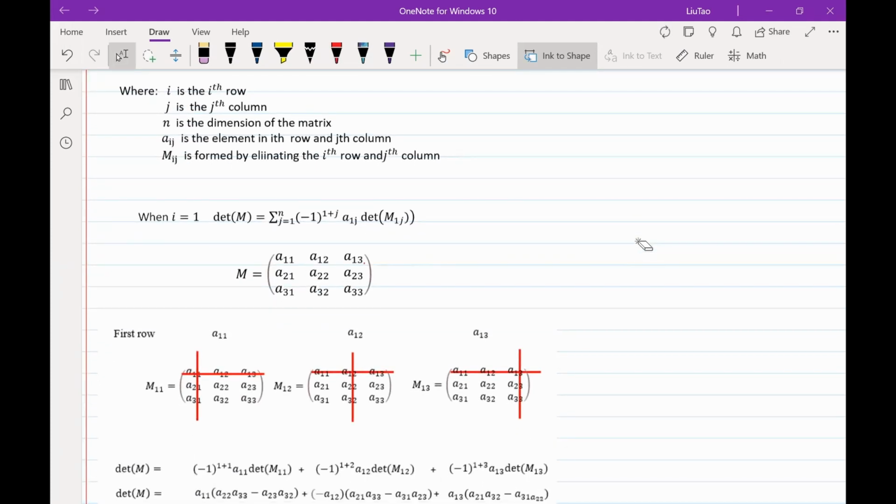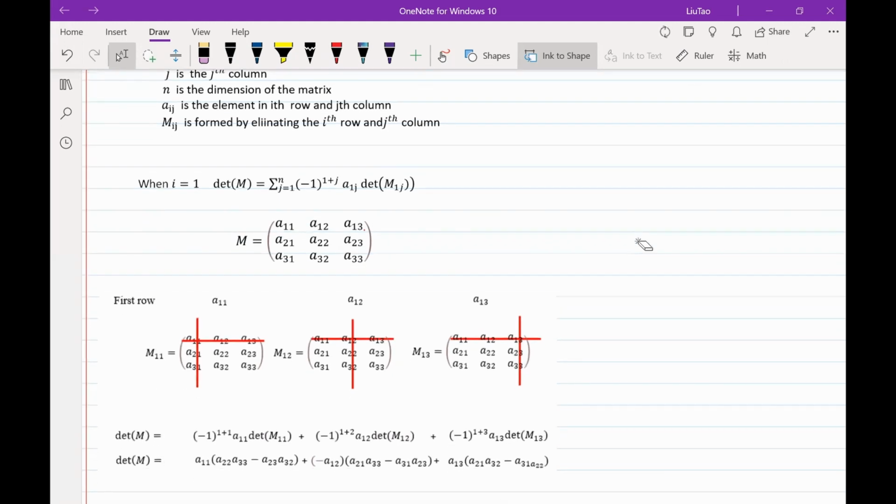Here I'm going to use the 3 by 3 matrix, which is A11, A12, A13, A21, A22, A23, A31, A32, and A33. If we are going to expand along the first row, then I is equal to 1, because I is the row number and J is the column number.